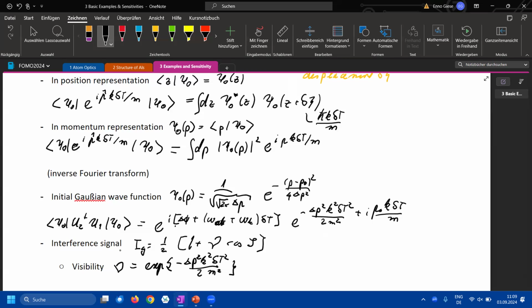You also don't get a perfect overlap and a decrease in contrast. And you can counteract that by adjusting the momentum transfer. That's something that Albert Roura, also from Ulm, developed, and it was then, of course, implemented experimentally. And so that's here now the visibility.